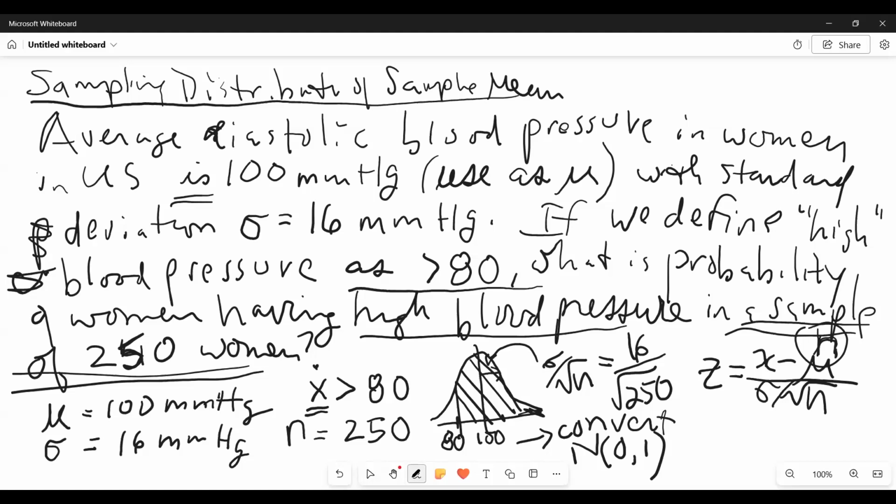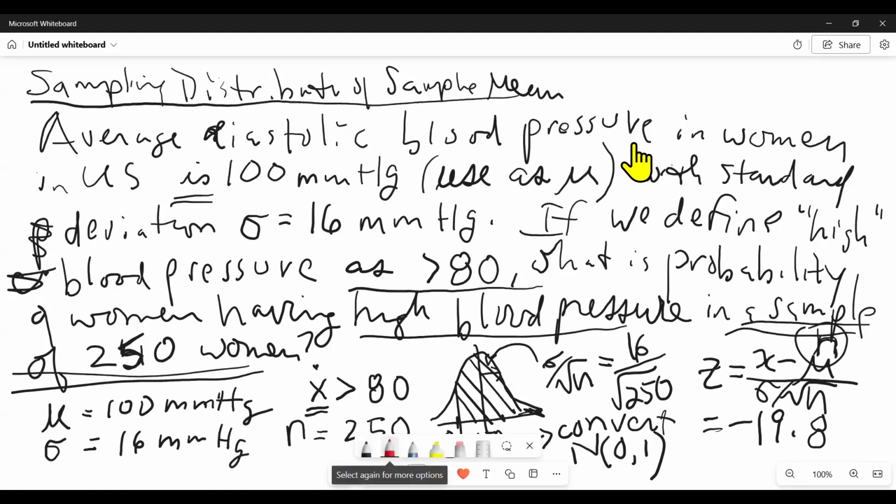All right, so we want to find what this value is equivalent to on our standard normal tables. If we make that calculation, we're going to get minus 19.8.